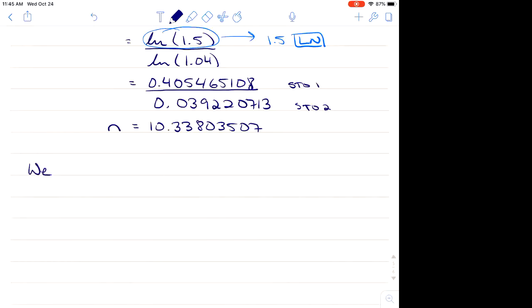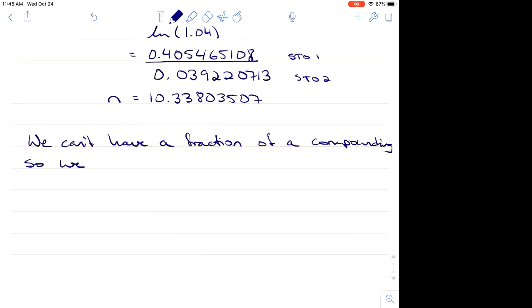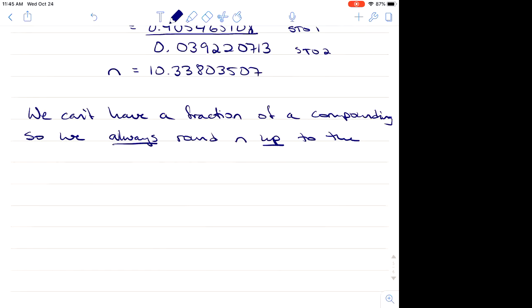So we can't have a fraction of a compounding, so we always round n up to the nearest whole number.